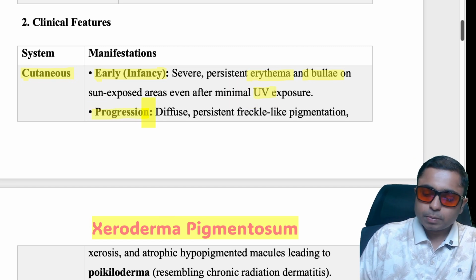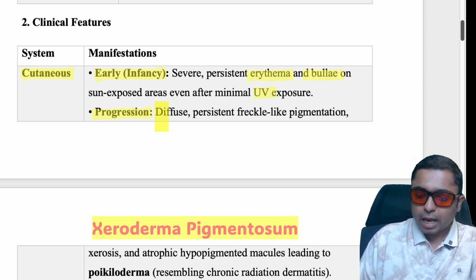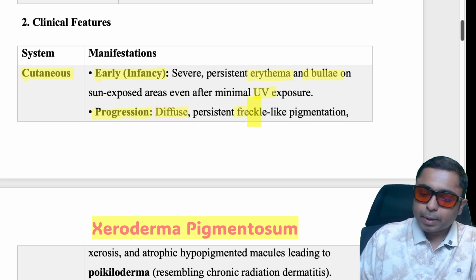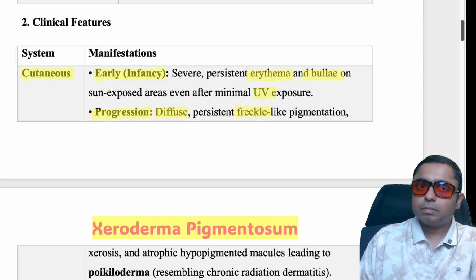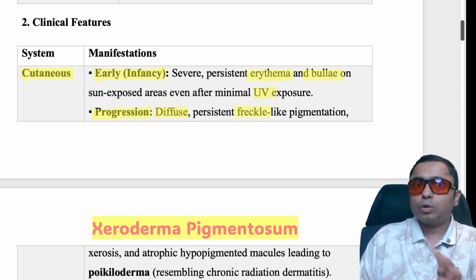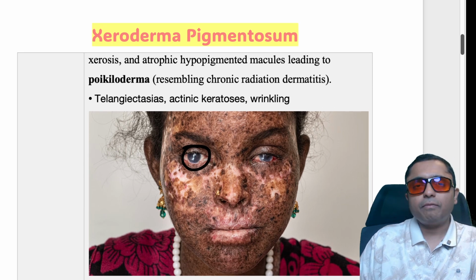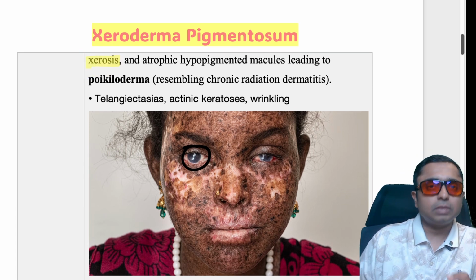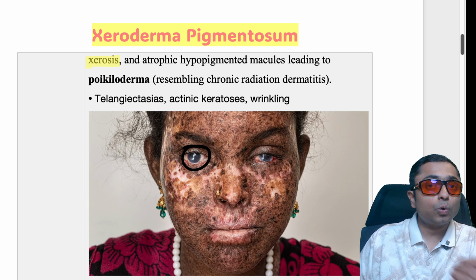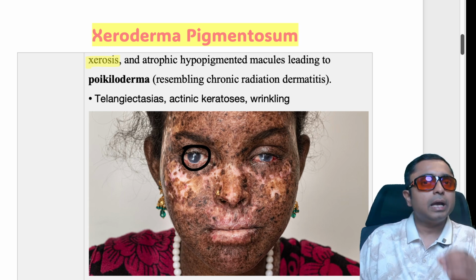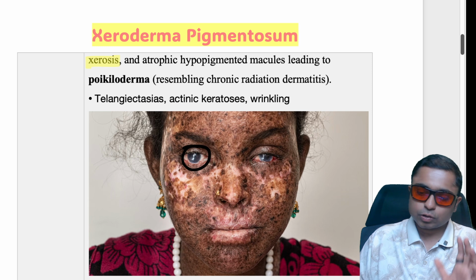And there can be possibility of this progression happening in the form of diffuse freckles, that is hyperpigmented macules which are present in a diffuse fashion over the body, right? And these patients are also going to have very dry skin, that is xerosis. There is a reason why this condition is called as Xeroderma Pigmentosum. Because pigmented lesions are there and the dry skin is there in these individuals.